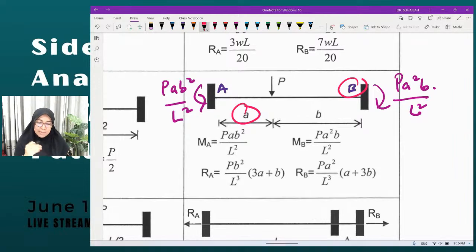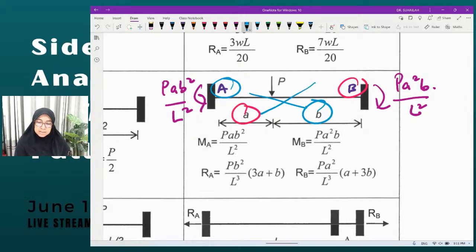That is why we get AB squared over L squared for FEM AB, and for FEM BA it is A squared B divided by L squared. It is like a cross here.